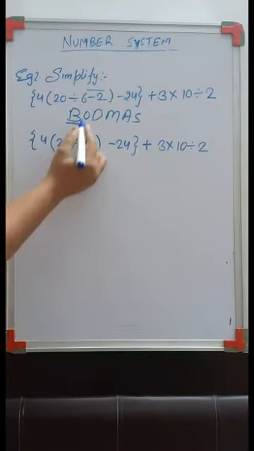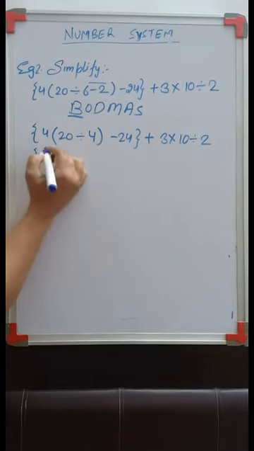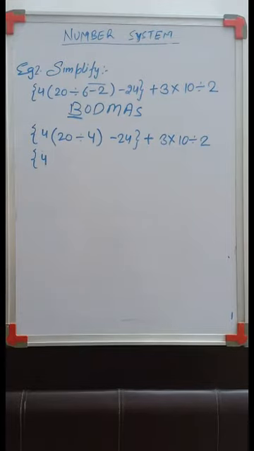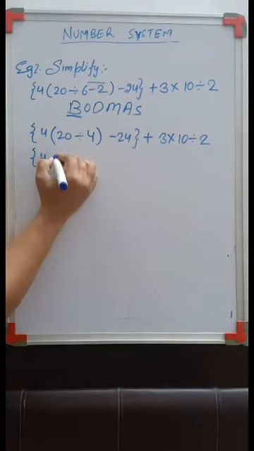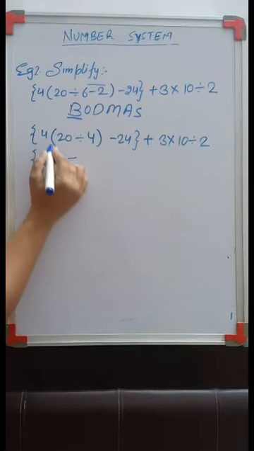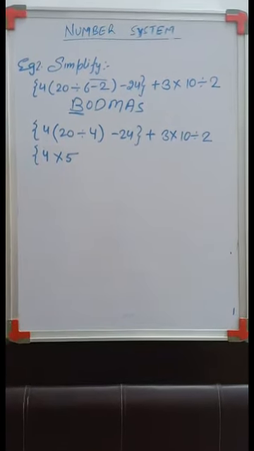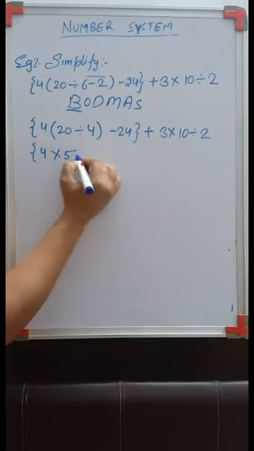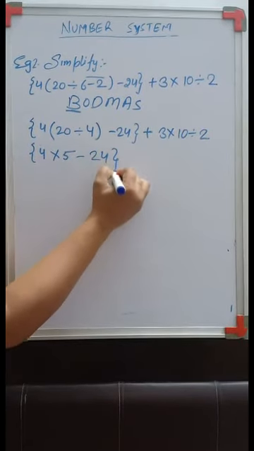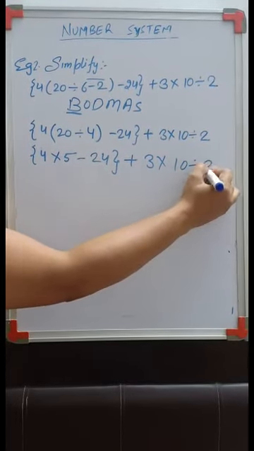Next, again in brackets, what is there? We have the small bracket. So next we need to solve this one. So 20 divided by 4 is how much? 5, right? Over here, what is the sign? If the bracket we open, we have the multiplication sign. So 4 into 5 minus 24, curly bracket close, plus 3 into 10, division sign 2.